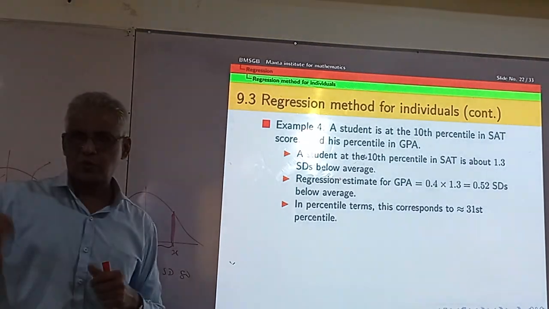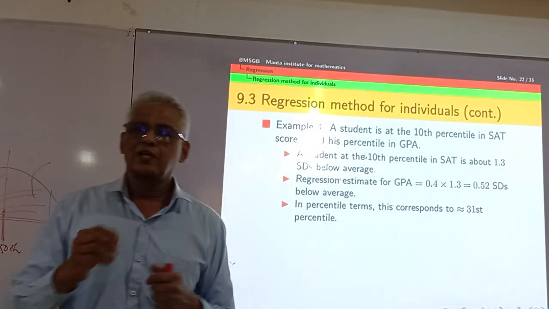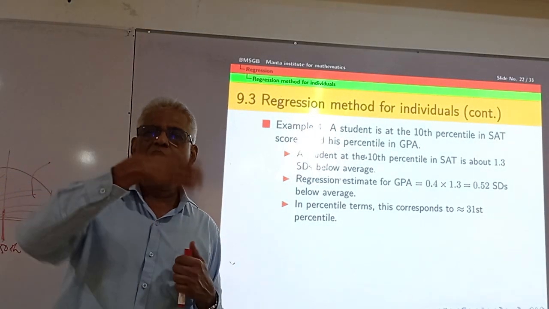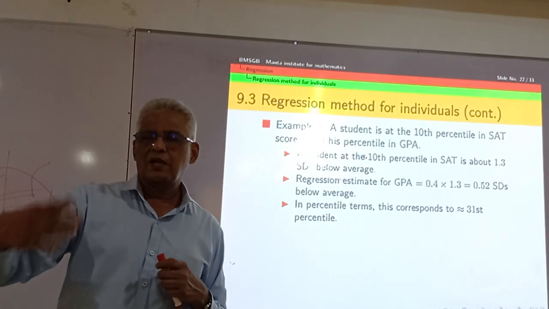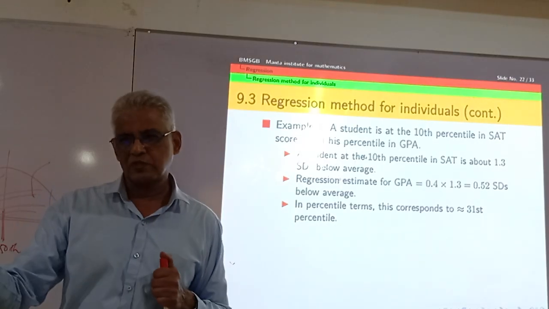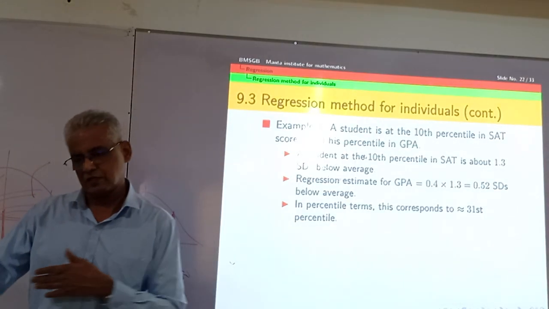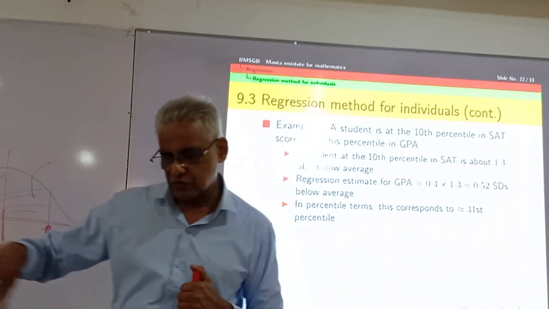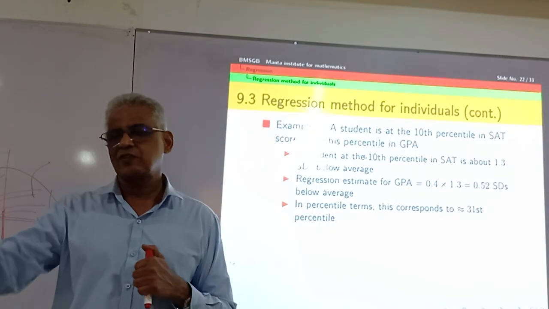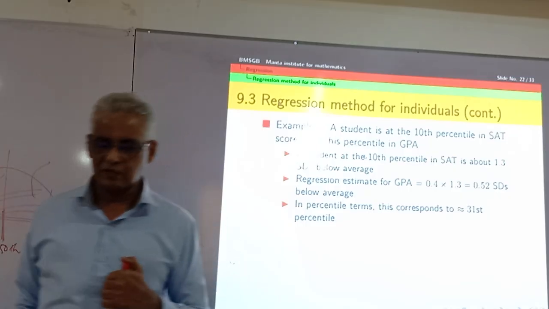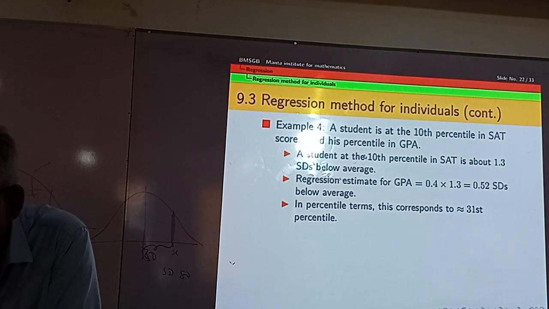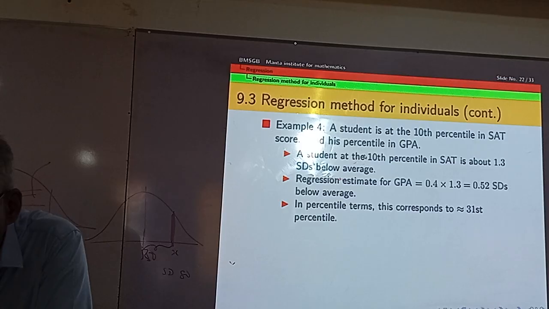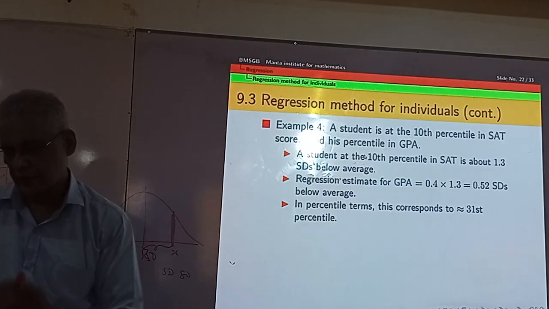Those who are below average in one variable, for the other variable they can be larger on average, and therefore the percentile will be larger. And similarly, those who are above average for the first variable, for the second variable the average will be a little less than the average. So therefore, percentile will go down. So that's actually naturally happening always.